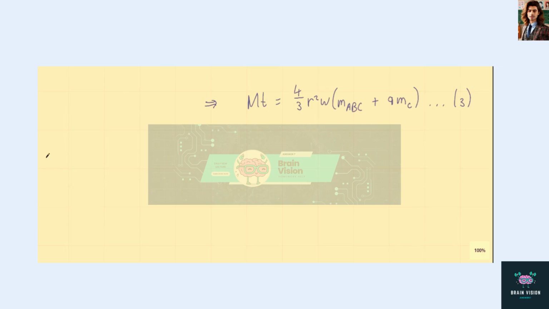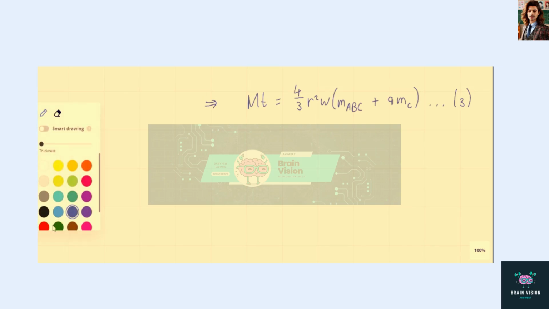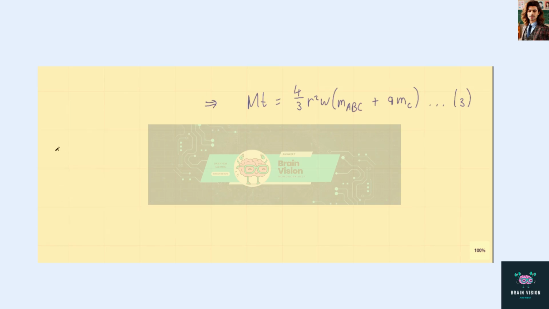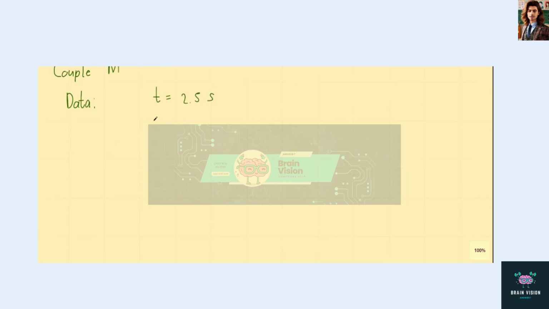Now, before we substitute any values in here, let's write down our data to help us solve for couple M. What are we given? We are given that time t is equal to 2.5 seconds after the impulse.